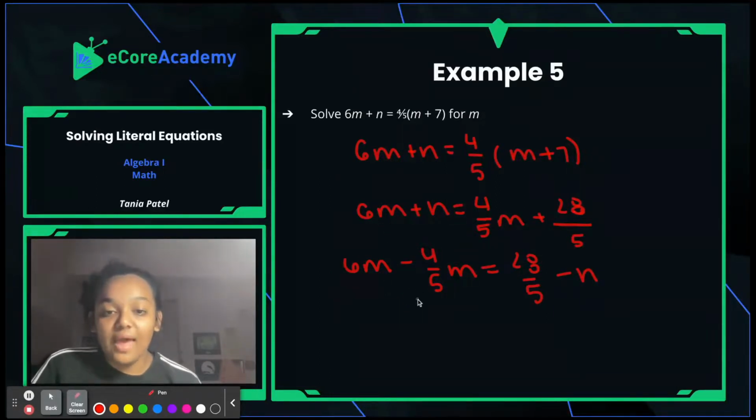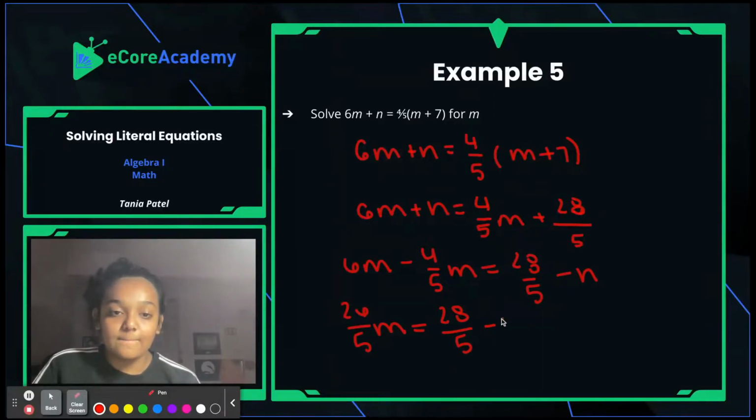But since we have real numbers, we can also simply subtract 6 minus 4/5, which will be 5 and 1/5, in other words 26/5. So 26/5 m equals 28/5 minus n.